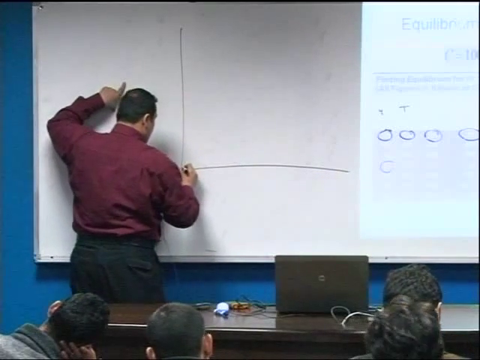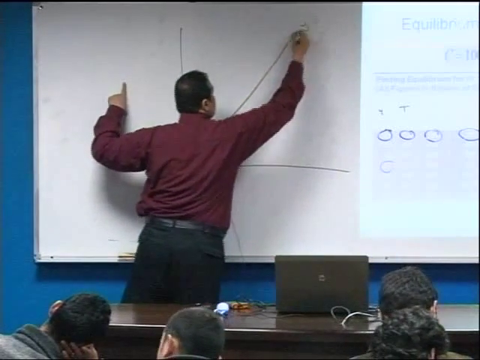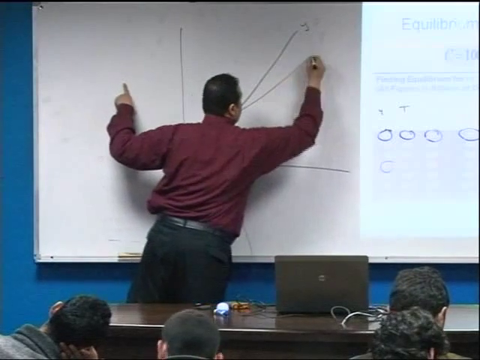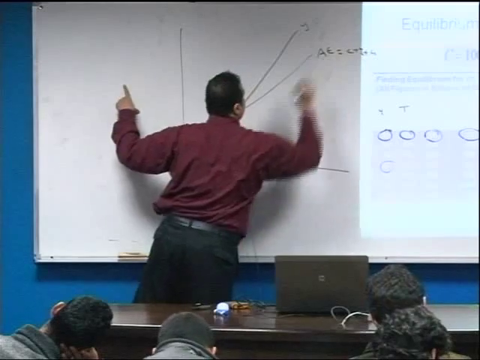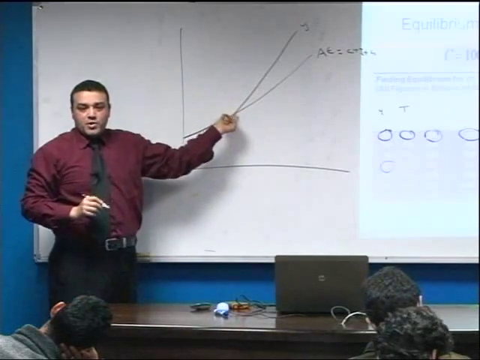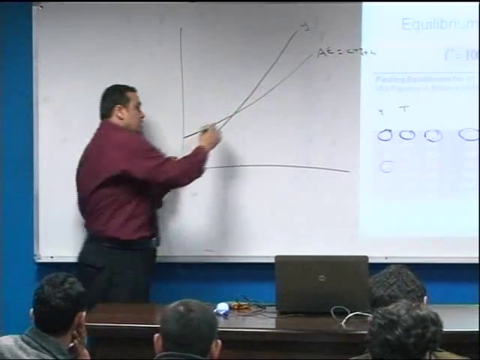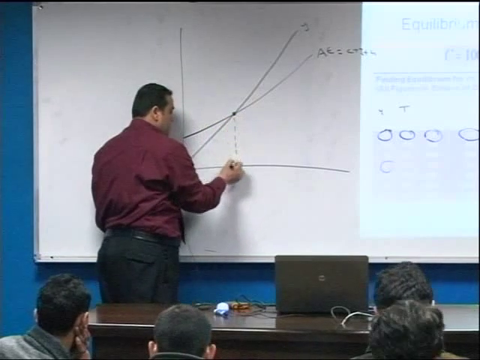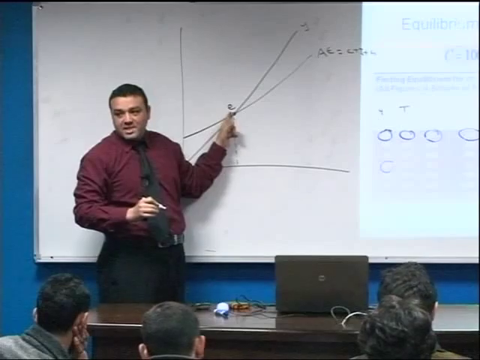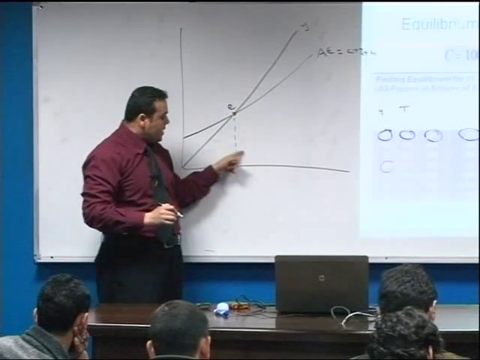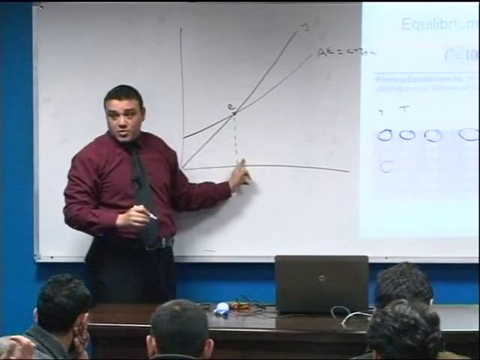This is the Y, and here we have the aggregate expenditure, C plus I plus G. The equilibrium occurs when Y equals the aggregate expenditure. This is E. In this case, the equilibrium has occurred.